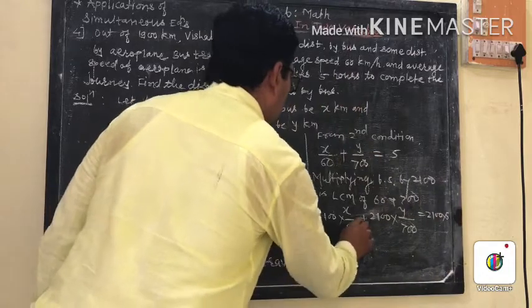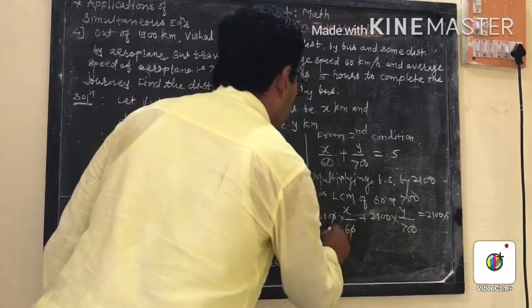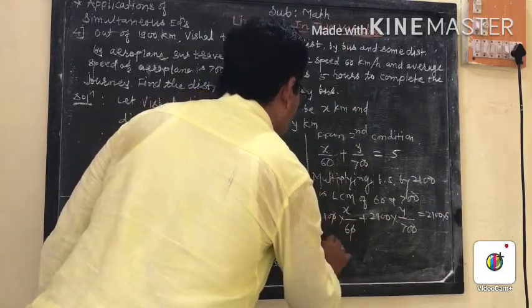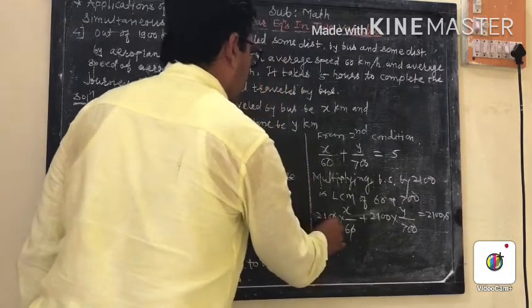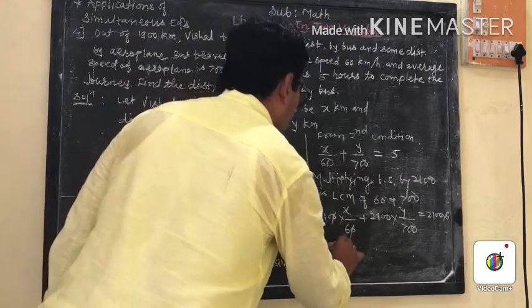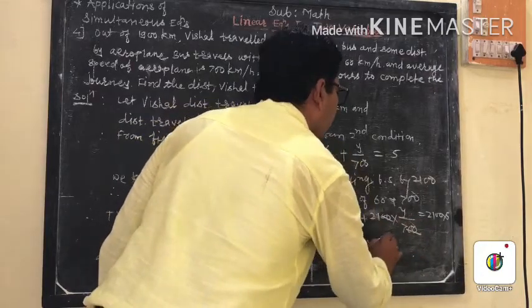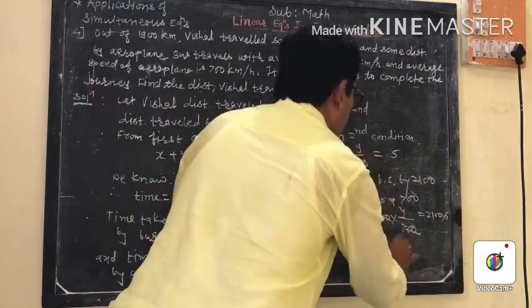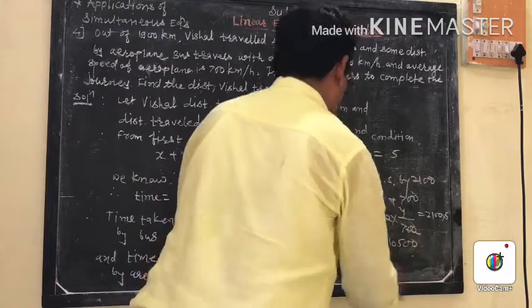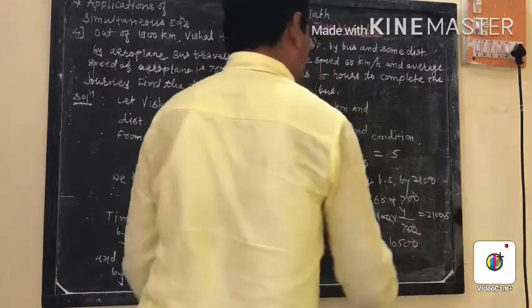You get 35x plus 3y is equal to 10500. Okay, we get the second equation.